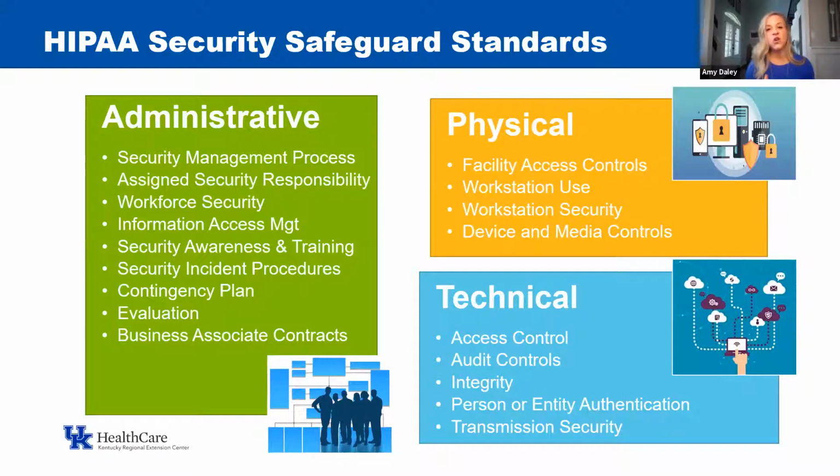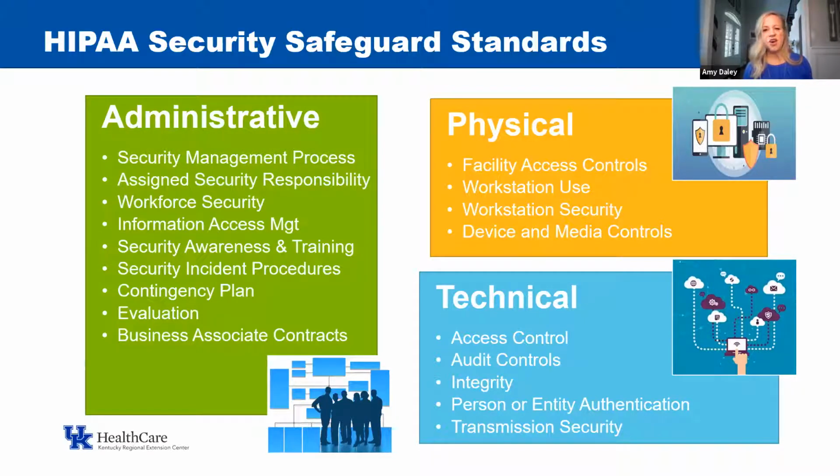So essentially, these are policies and procedures that lay the groundwork for how your workforce is to handle and protect your electronic protected health information, ePHI. I'll just call it ePHI for the remainder of the presentation.